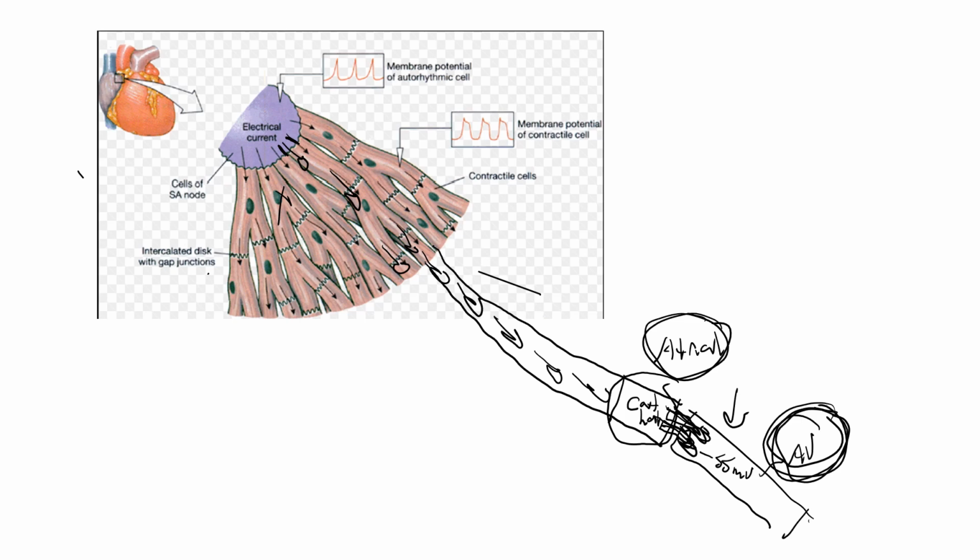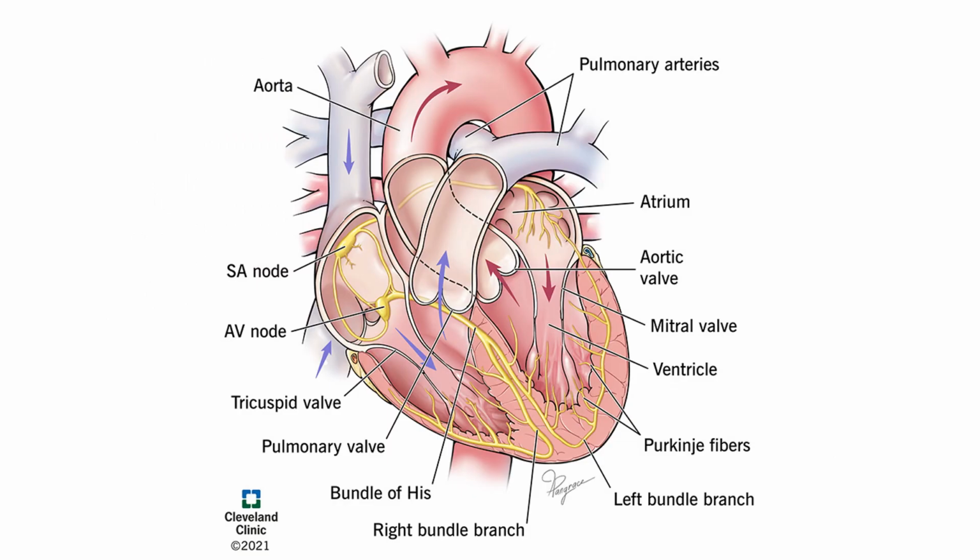It's not that simple. We're still not talking about the conduction system yet, but what should be clearly evident from this picture is that the AV node fibers attach to other cardiac fibers that ultimately become the left and right ventricle.